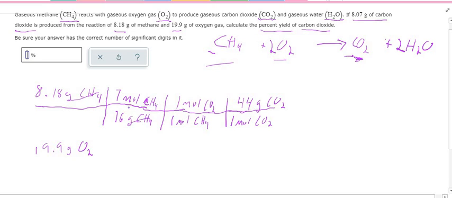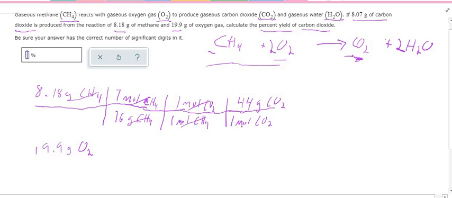They do here. I have to ask myself, is this a true statement? For every 1 mole of methane, are there 16 grams? That's a true statement. Okay, now I look down here, my units cancel, and for every 1 mole of methane, do I produce 1 mole of CO2? That's what my chemistry tells me up here, so that's true.